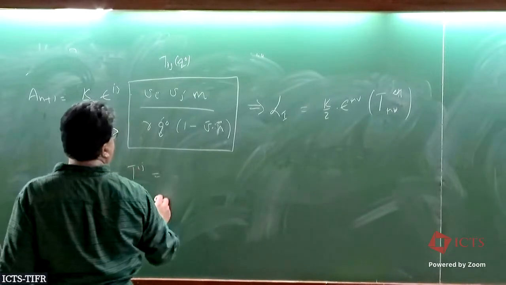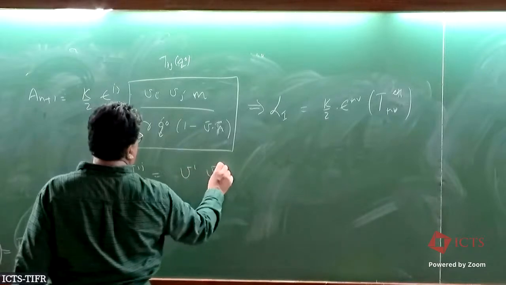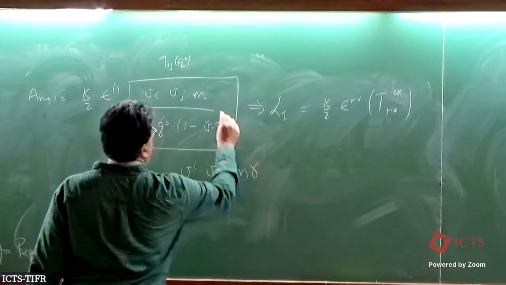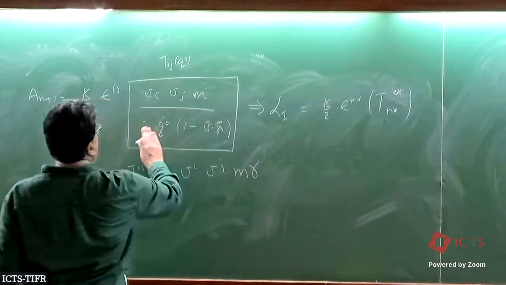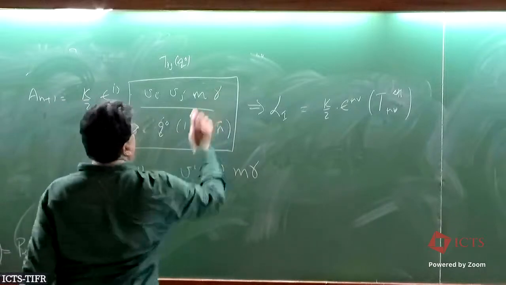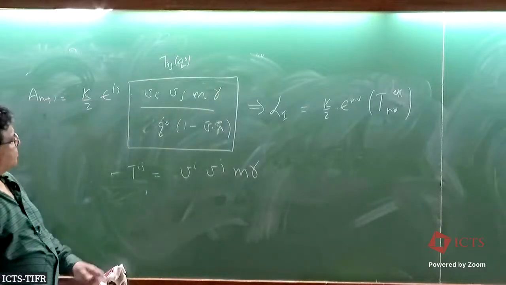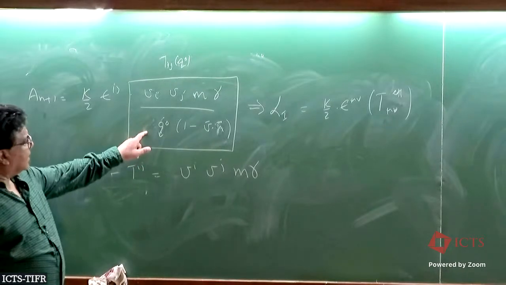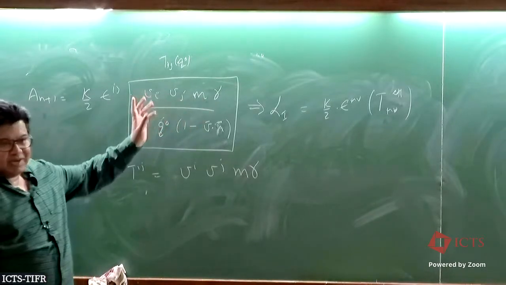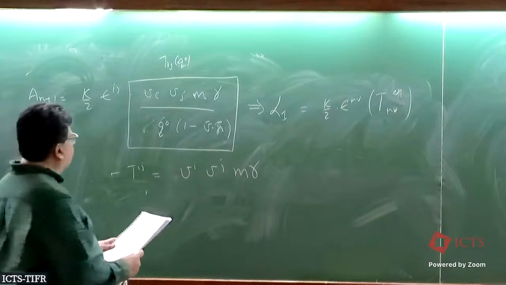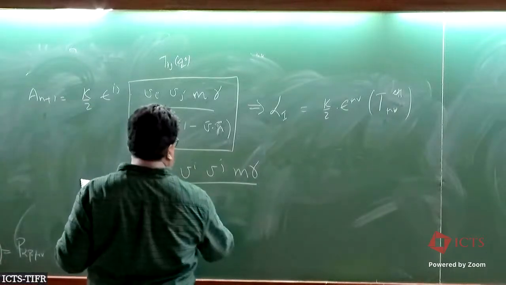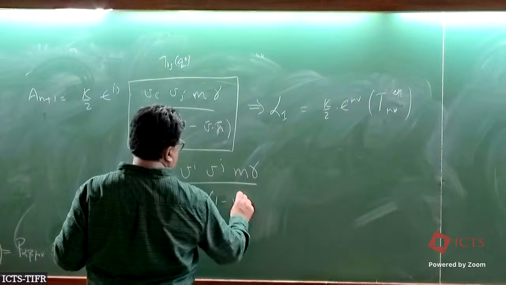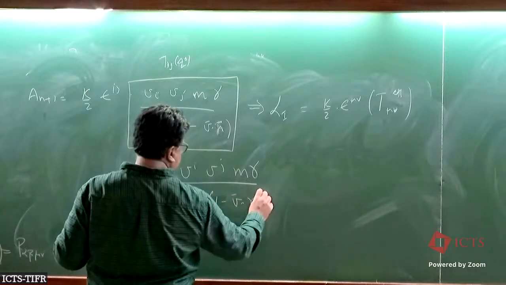Tij is Vi, Vj, M. I think I wrote it wrong. So there is a gamma here, gamma square there, so left over there is one gamma there. And divided by Q0, 1 minus V dot N.